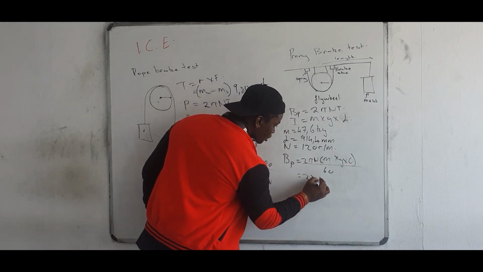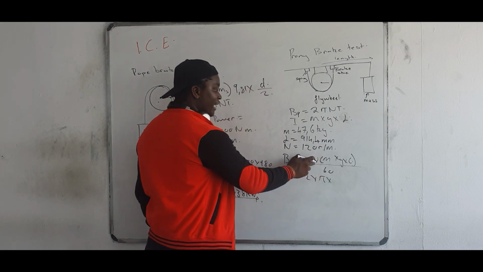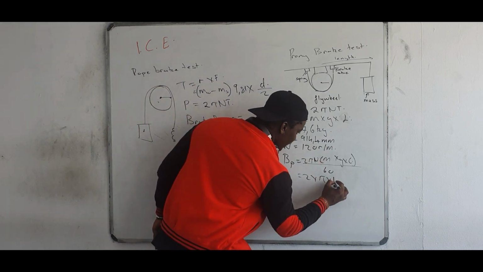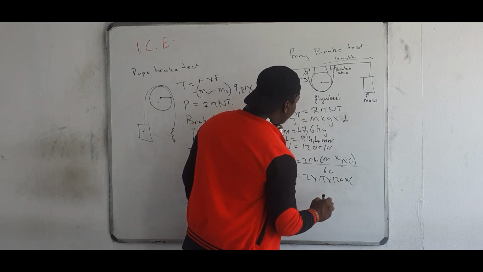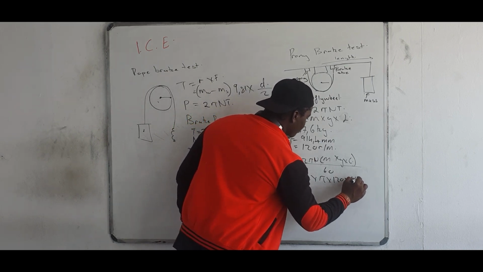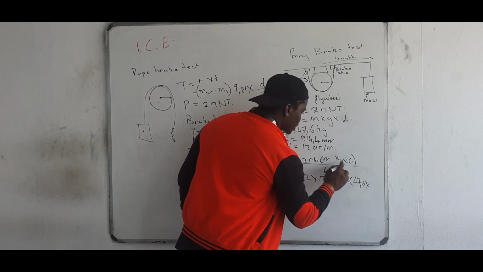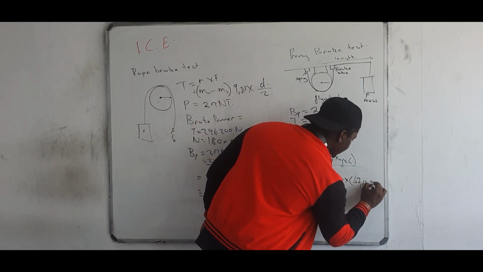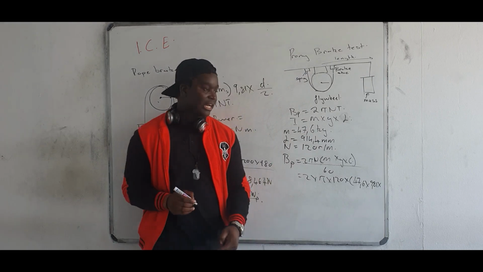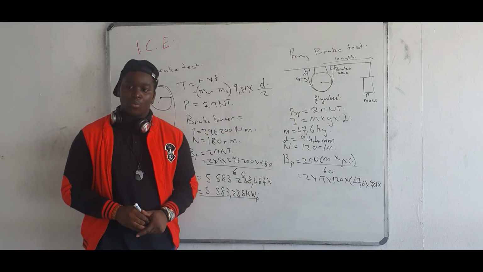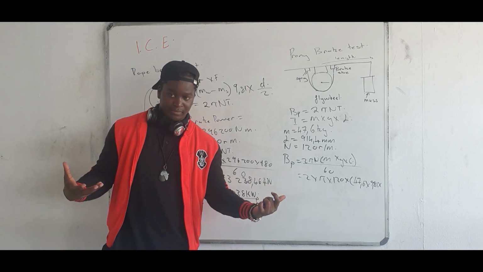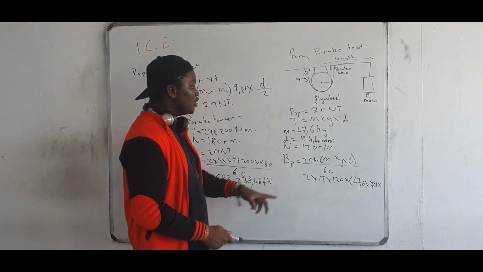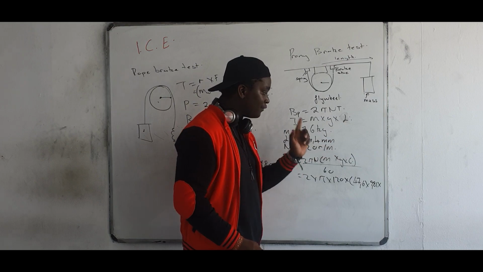So it's going to be 2 multiplied by pi, multiplied by n, which is our rotational frequency, 120, multiplied by the mass, which is given at 47,6, multiplied by gravity, which is 9.81, multiplied by the length. Let me ask you the last question. In terms of length, what SI units do we use? Do we use millimeters or do we use meters? Meters. That is correct. So here we've got 914,4 millimeters.